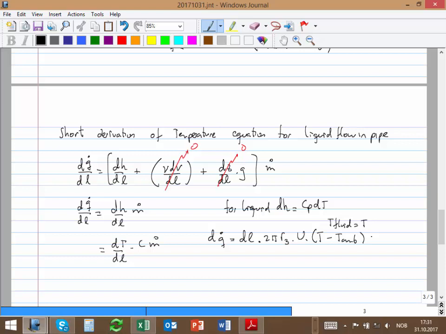Then I substitute here, and remember that here I have to use a convention. There is a convention for work coming out of the control volume and for work coming into the control volume, and for heat also. In this case, we are assuming that the heat is coming out, so we have to put a negative sign. So this will be T ambient minus T times 2π r3 U, if I didn't make any mistake.